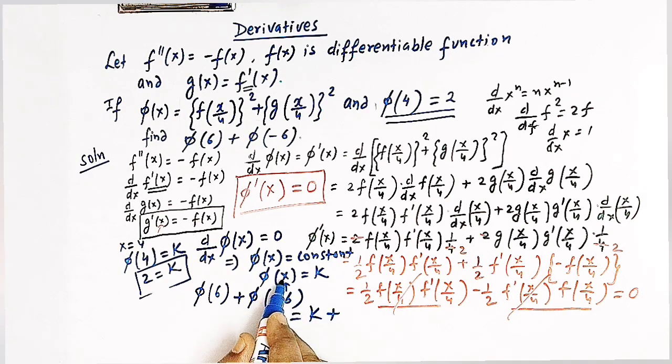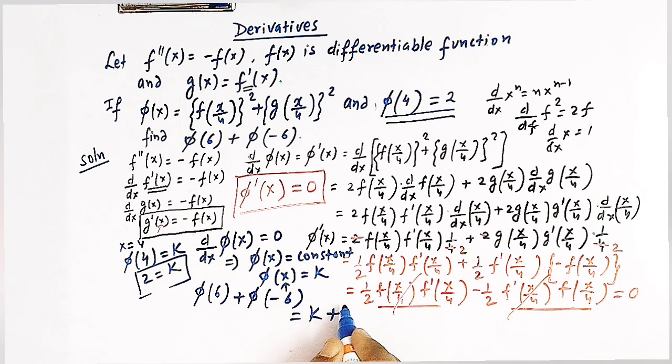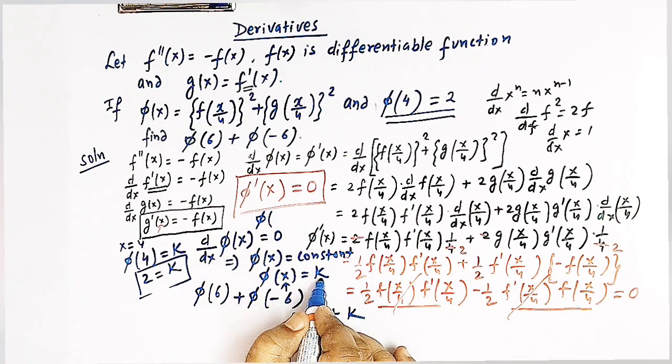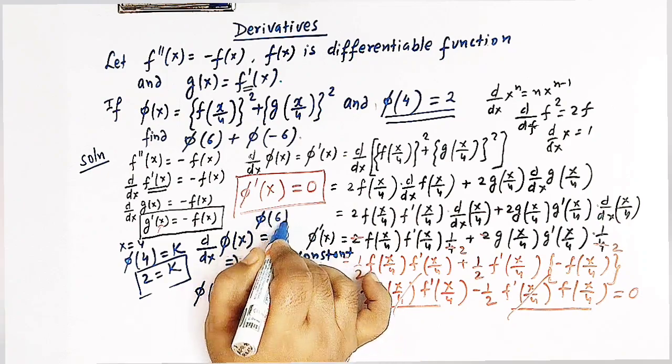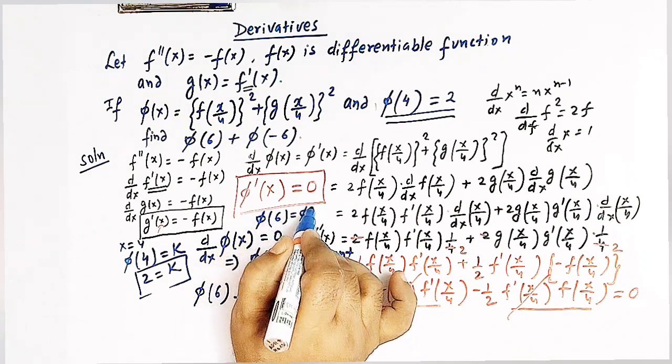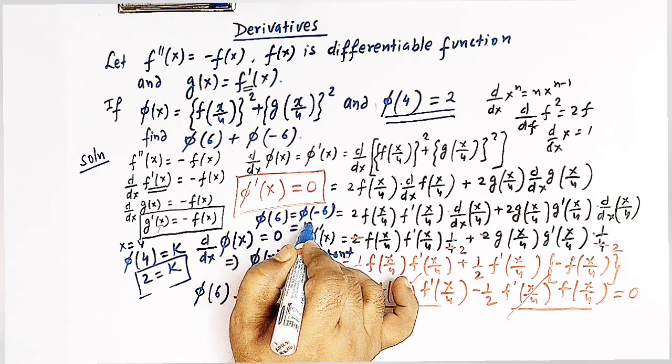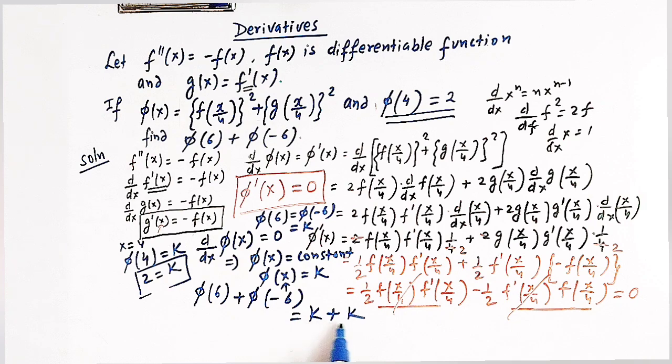And when we replace x by minus 6, then again we'll get phi of minus 6 is equal to k, because phi of x is equal to k, so phi of 6 is equal to phi of minus 6. So both these are equal to the constant k. So we have k plus k, that is equal to 2k, and the value of k is equal to 2.